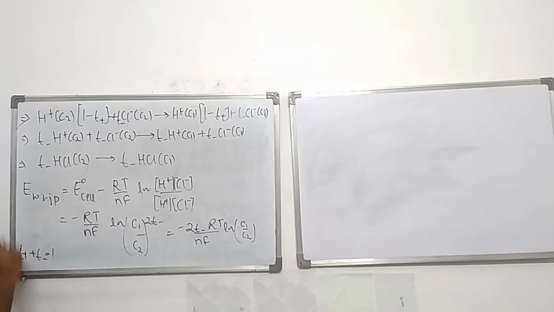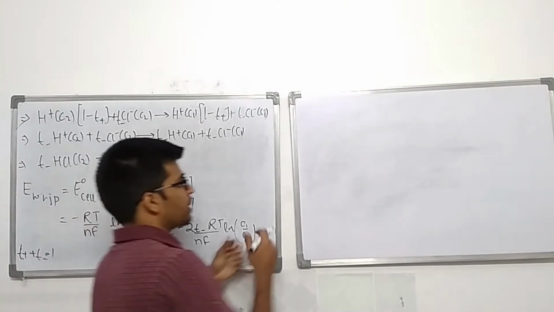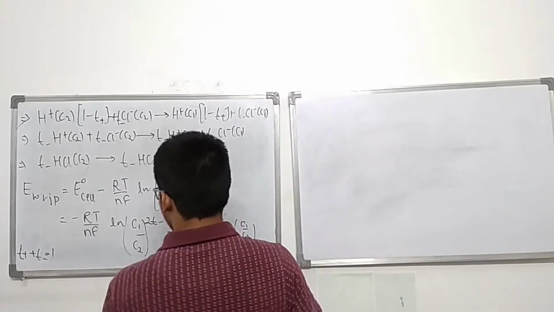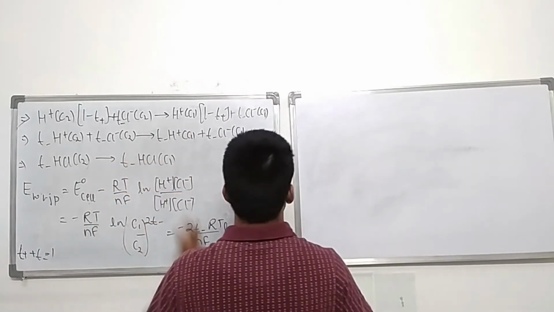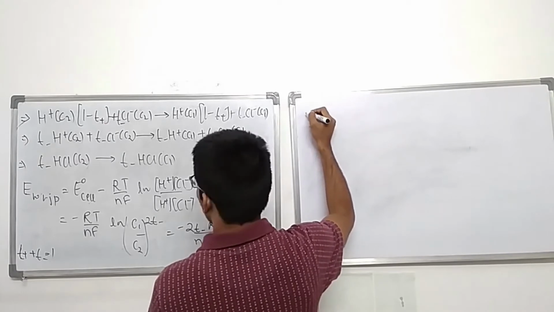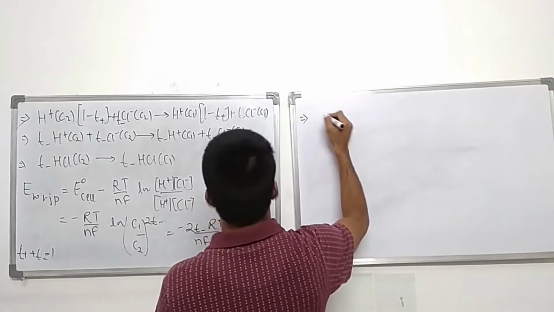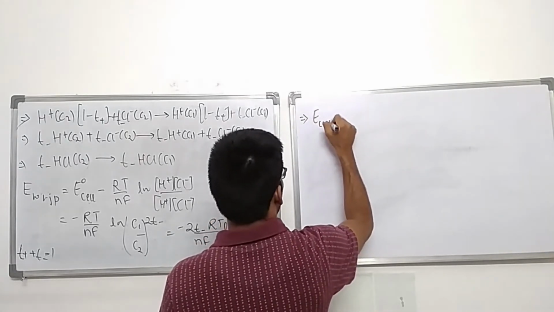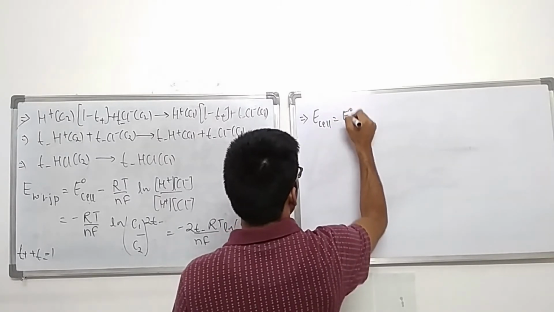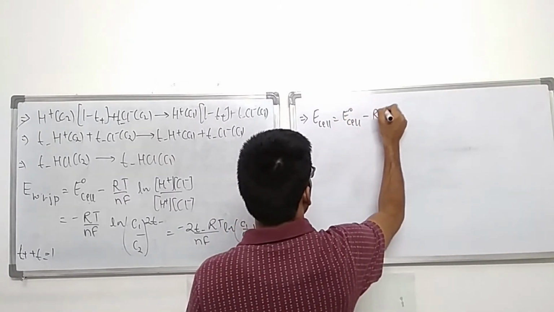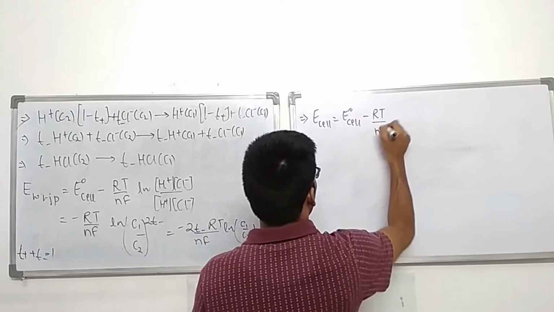Okay. Now for the liquid junction potential, I also need the potential without liquid junction. That means if they were two separate half cells. So for that case, if this is the reaction, what would I get? I would get E cell is equal to E naught cell minus RT by NF.